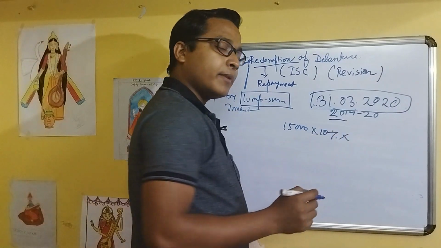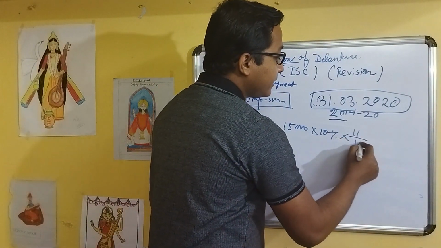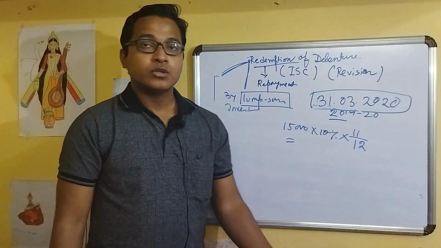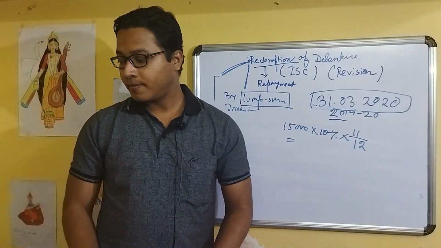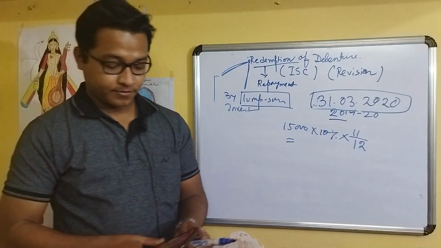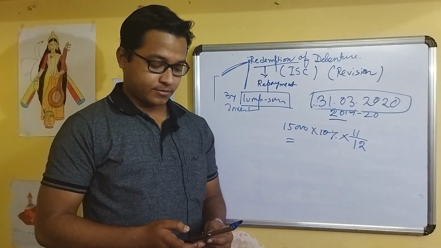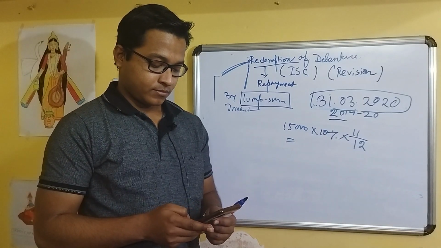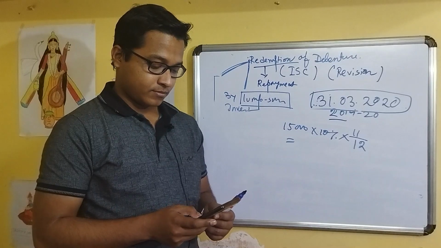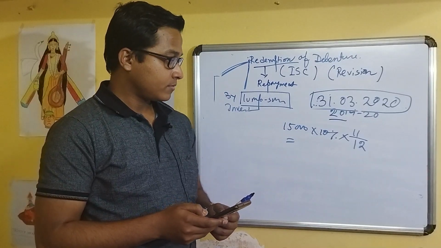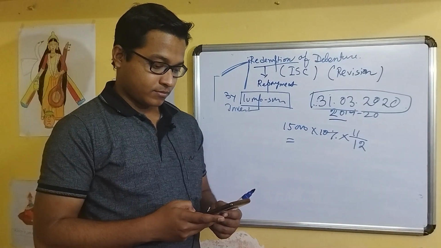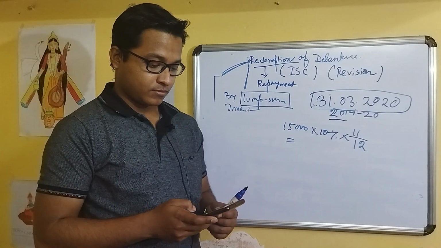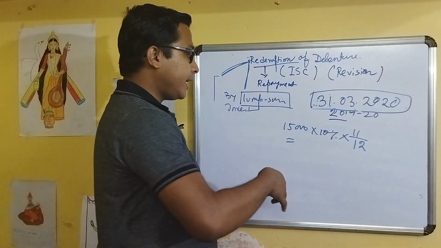This is 10% per annum, so 11 months being 11 by 12, this amount comes to 138.